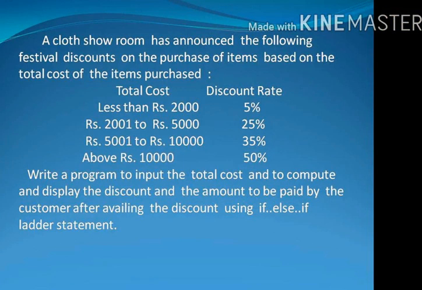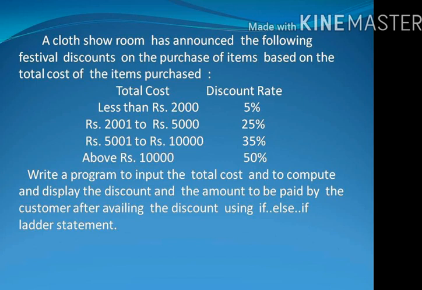The next slide is about a program using the if-else-if ladder statement. The question is: a cloth showroom has announced the following festival discounts on the purchase of items based on the total cost of the items purchased. Here, two columns are there. Left side column is total cost and right side column is discount rate. Less than rupees 2000, the discount rate is 5%.